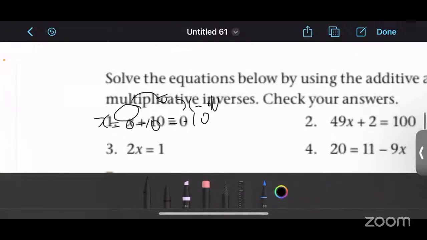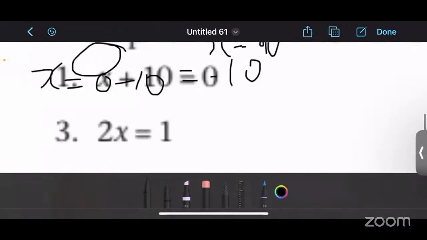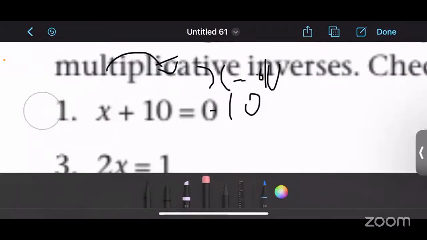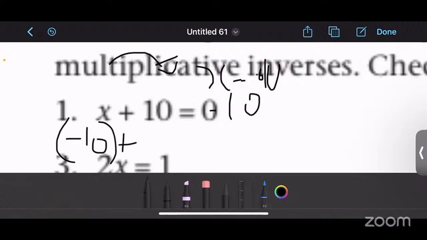If you want to prove if your answer is correct, you're going to go to the initial equation over here and say, my x value is equal to negative 10. Where you see x, you're going to replace it with negative 10 in brackets plus 10 is equal to 0.